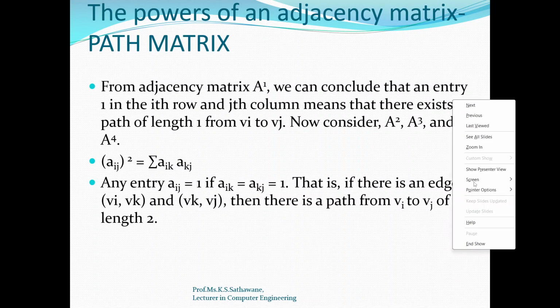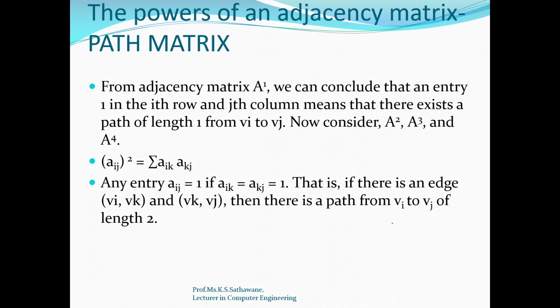Okay. If you see it with the help of an example, there exists a node Vi. Then there exists a node Vk. You are not having any direct edge between Vi and Vk, but you have an intermediate node Vj. So you are having one edge from Vi to Vj and Vj to Vk.